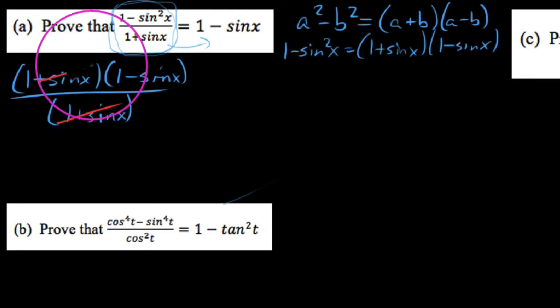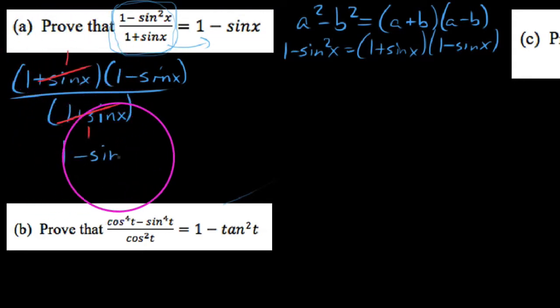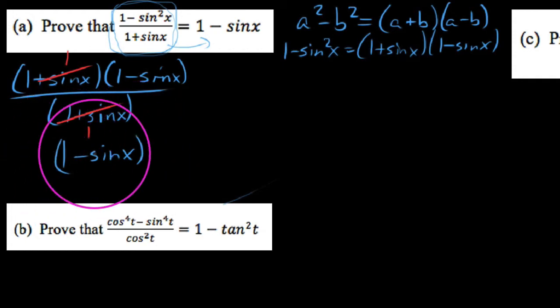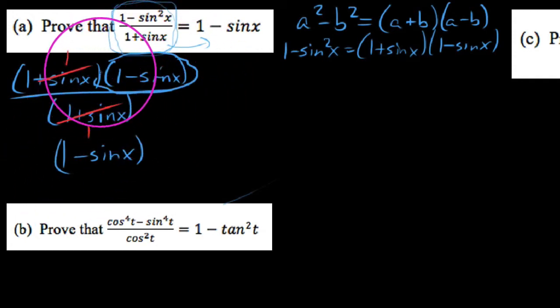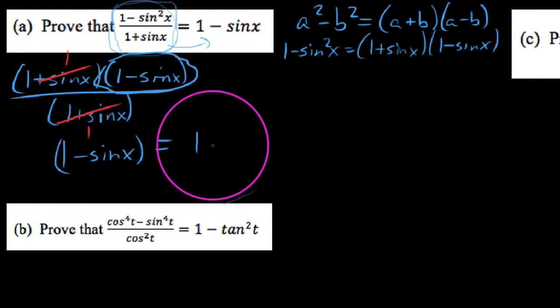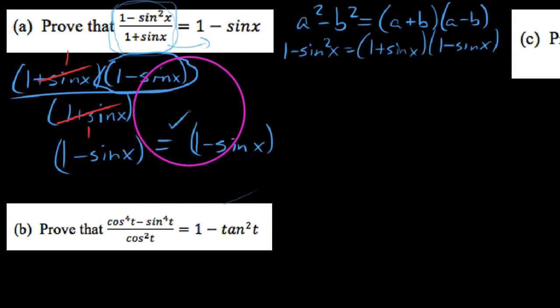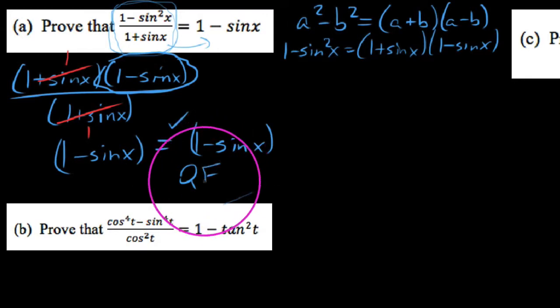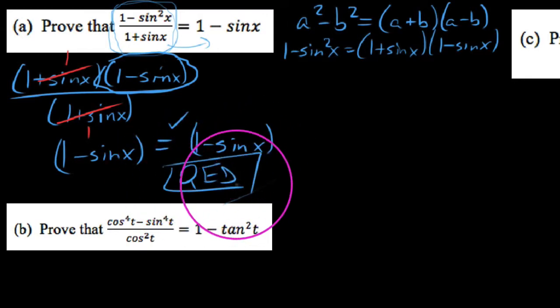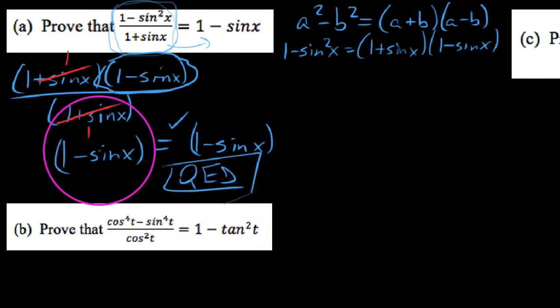These 1 plus sine of x terms cancel, and what we're left with on the left side is just 1 minus sine of x. That's this expression right here. That goes to show that the left side was able to be turned into the right side. So we say QED, that's what I wanted to prove, and the left side and the right side are equivalent expressions, okay?